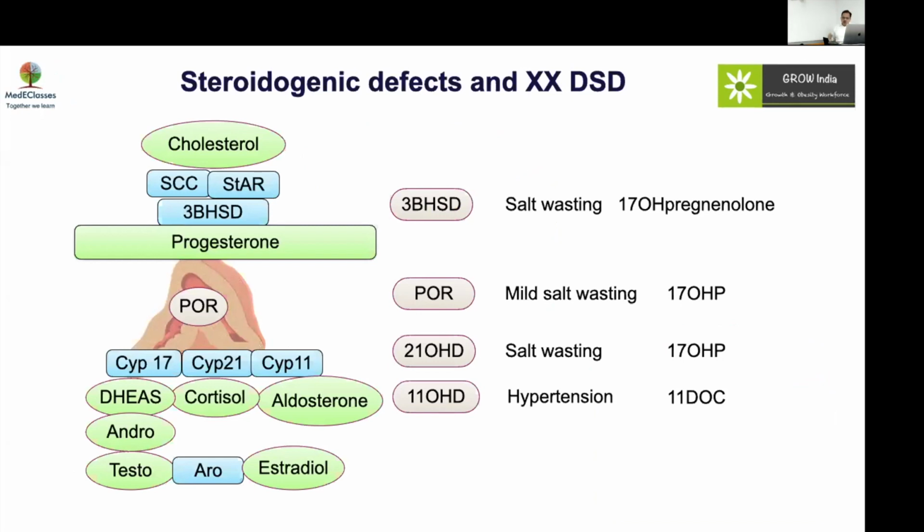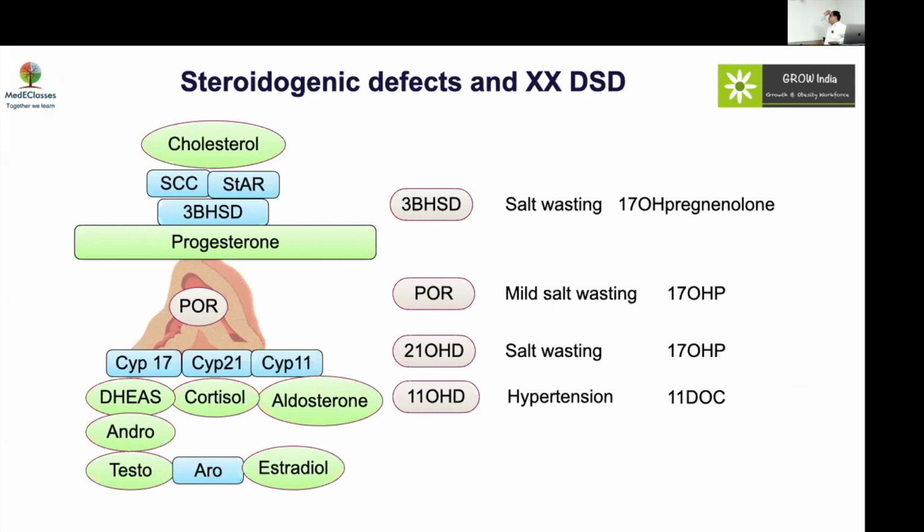Now, if we go into the specific situation, if you have a very high DHEAS in the setting of XX DSD, you should start thinking of 3-beta-HSD, and in that setting, the test to do would be 17-hydroxypregnenolone. If you have XX DSD with salt wasting, you're thinking of mostly 21-hydroxylase, and 17-OHP levels more than 100 would be characteristic.